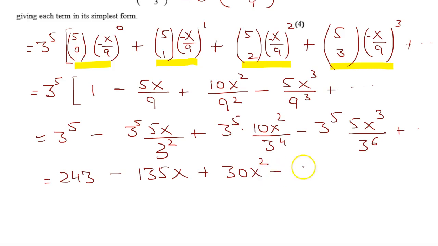And this is minus, we have here 5C3 is 10, so it will be 10 x cube over 3. So this is the expansion in the simplest form.